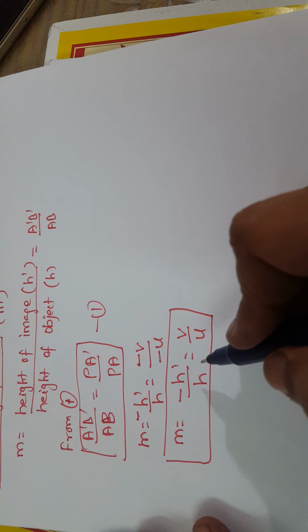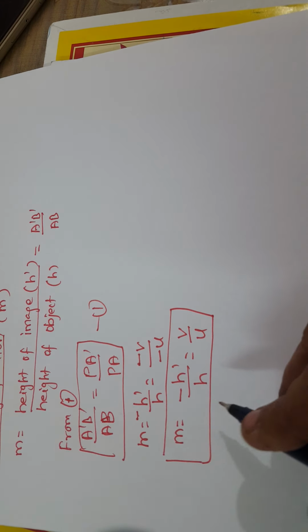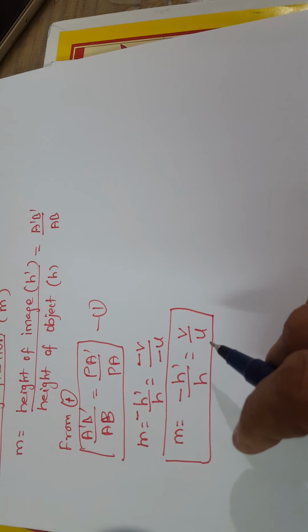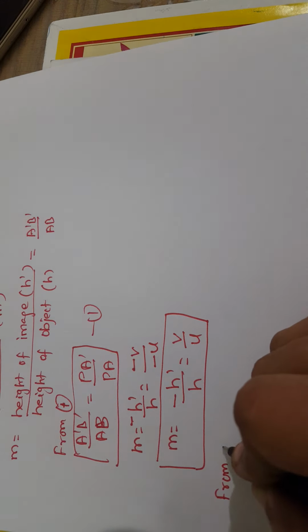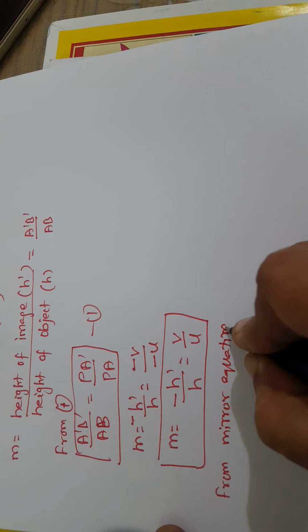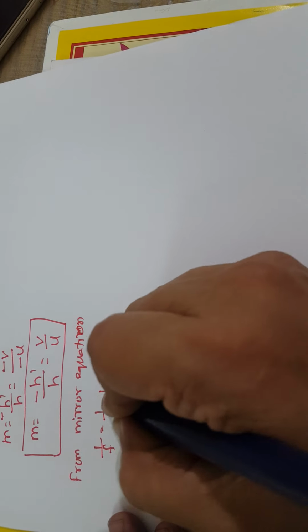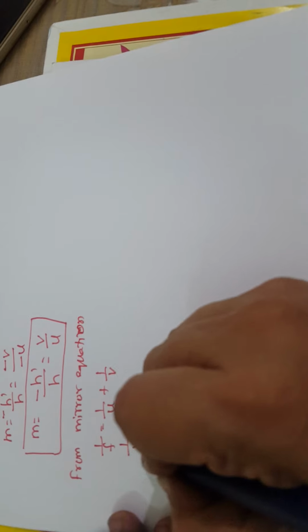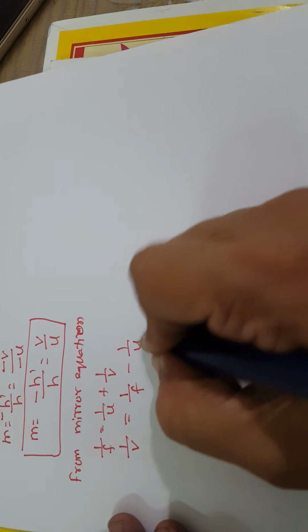You can simplify further by using the mirror equation, children, right? So from the mirror equation, what is the mirror equation? 1 by f is equal to 1 by u plus 1 by v, right? So 1 by v equal to, rearrange, 1 by f minus 1 by u.